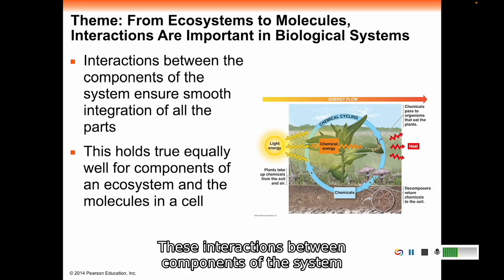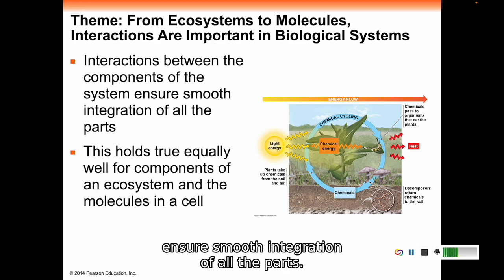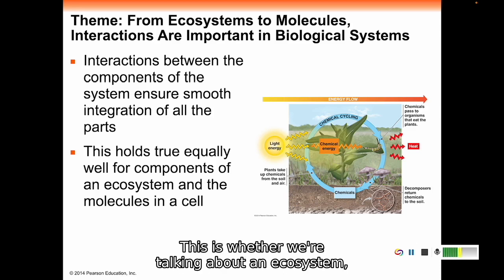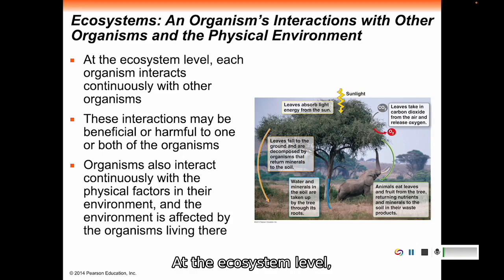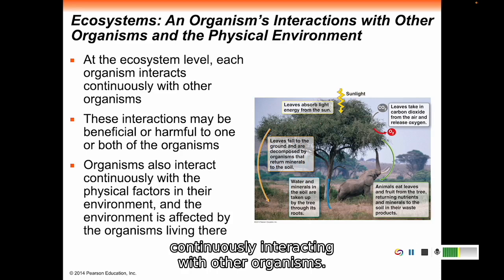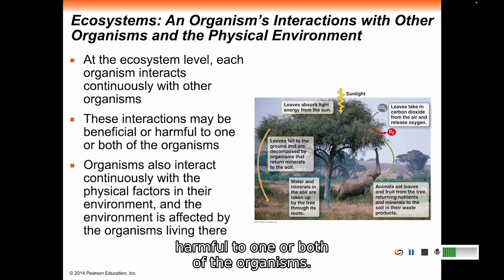These interactions between components of the system ensure smooth integration of all the parts. This is whether we're talking about an ecosystem, cycling and interacting, or molecules in a cell. At the ecosystem level, each organism is always continuously interacting with other organisms. And interactions may be beneficial or harmful to one or both of the organisms.